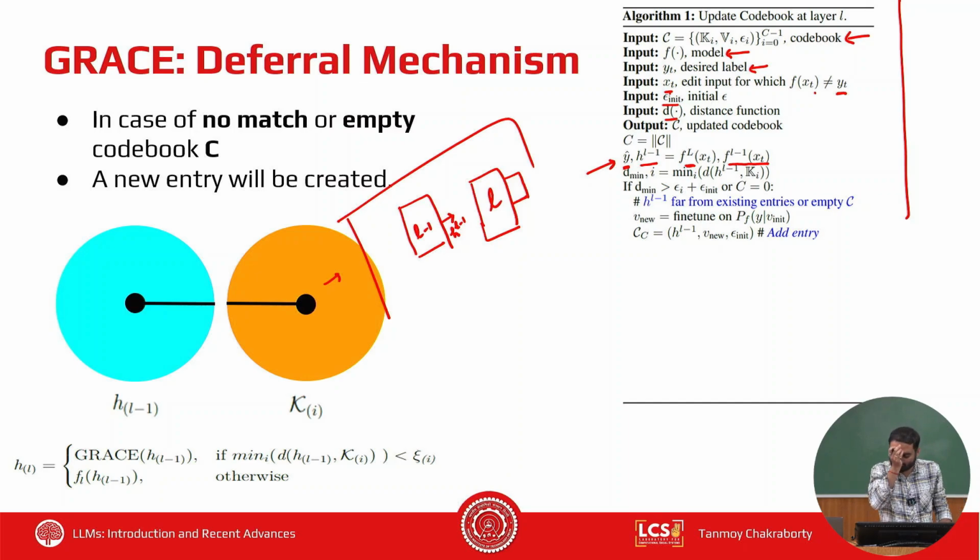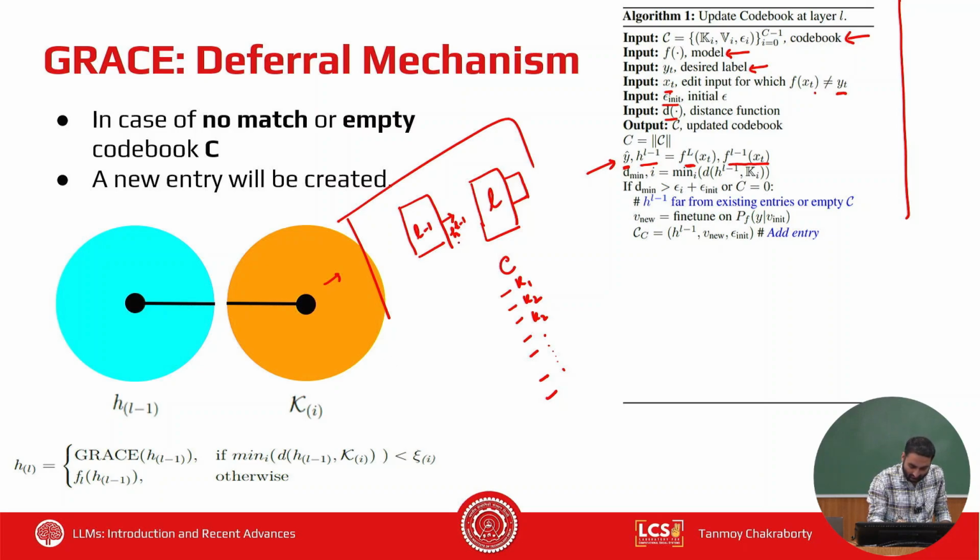Now I already have this codebook C, the adapter C, where all the knowledge have already been stored. This is denoted by k1, k2, k3, and so on. These are knowledges which have already been stored. Assume that this algorithm has been executed multiple times, and you already added some knowledge into the codebook.